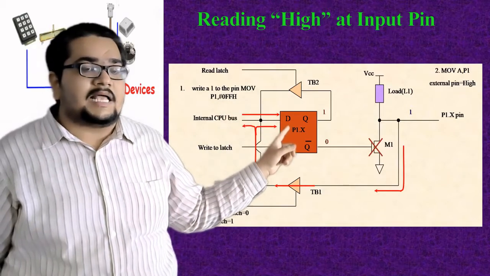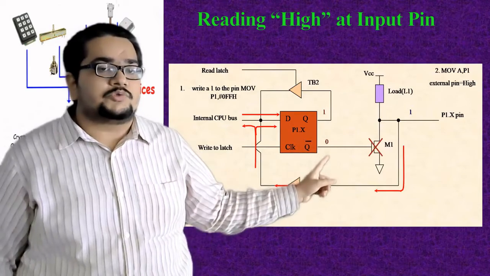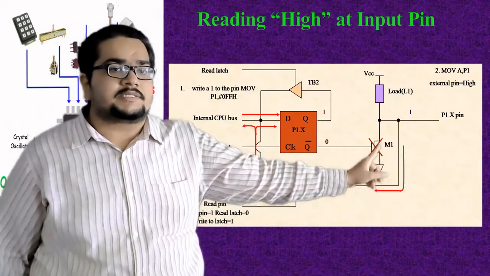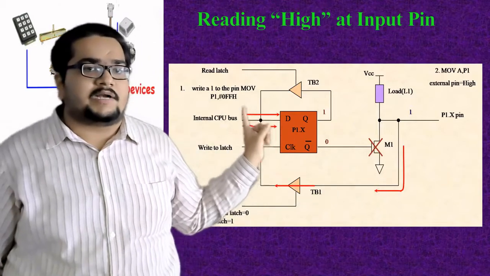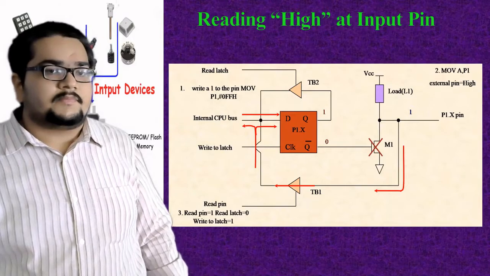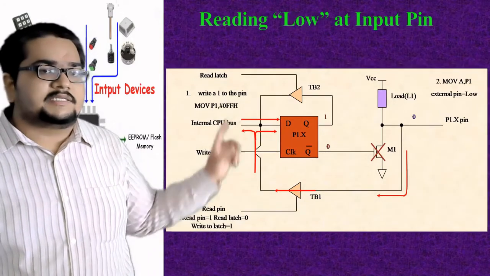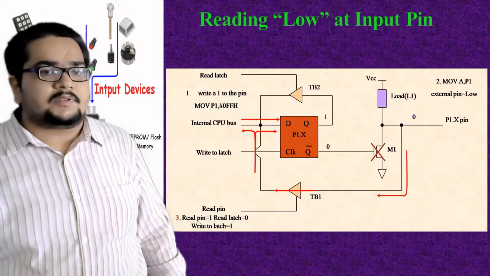That means we are making the internal latches 1. When these latches are 1, this Q will be 1 and Q bar will be 0 and this transistor is off. For this purpose we have to write this particular thing, so always remember this one. Writing 1s to that port will make it an input port.